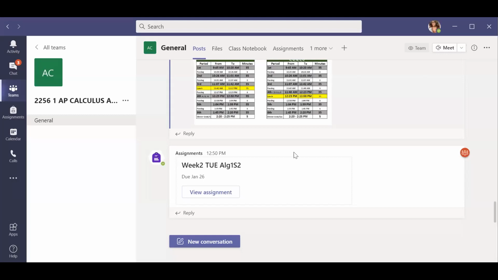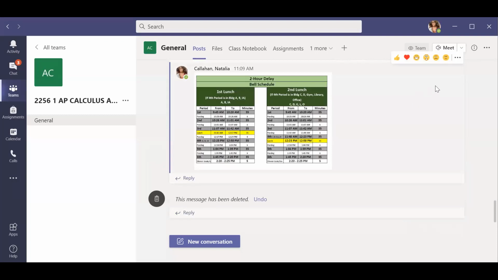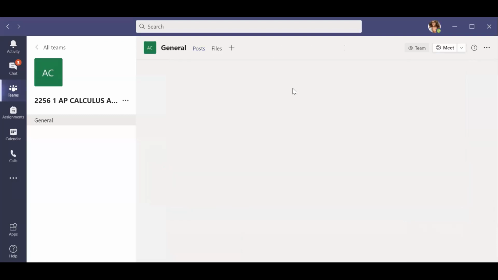Okay, let's go ahead and create the assignment for today. I actually made a little typo here, so I'm just gonna delete this assignment and create a new one right here.